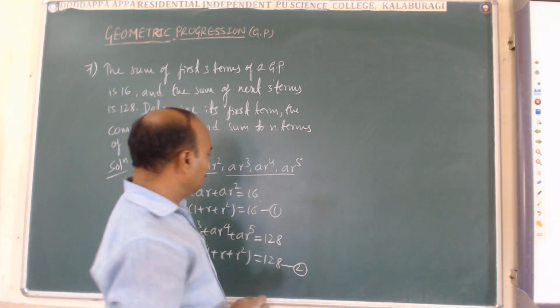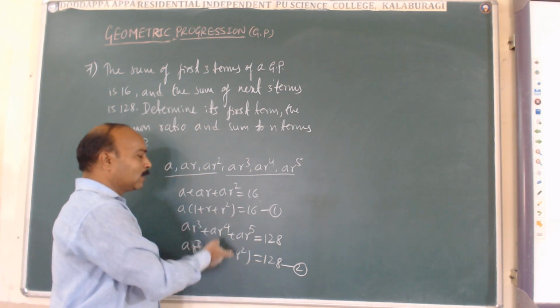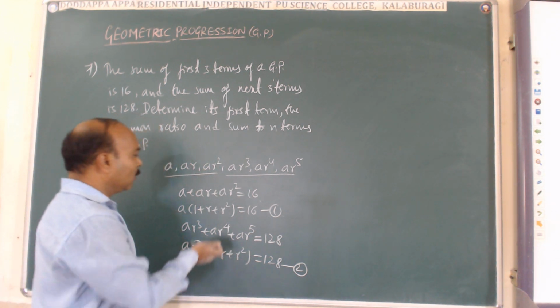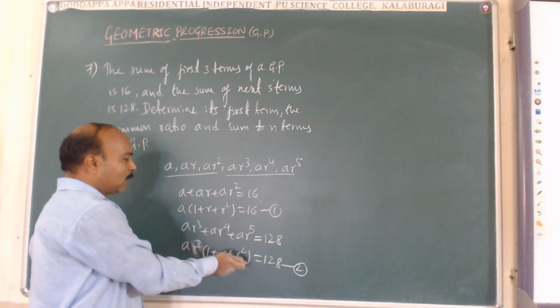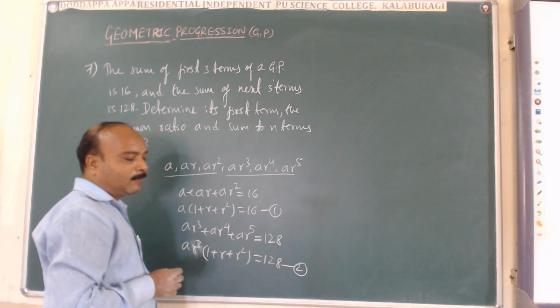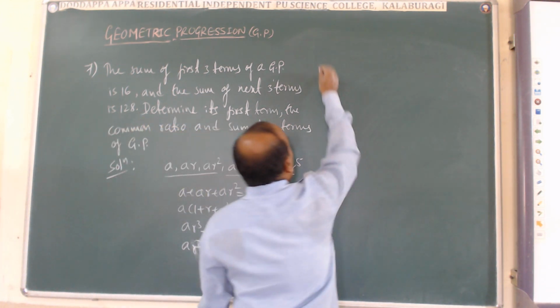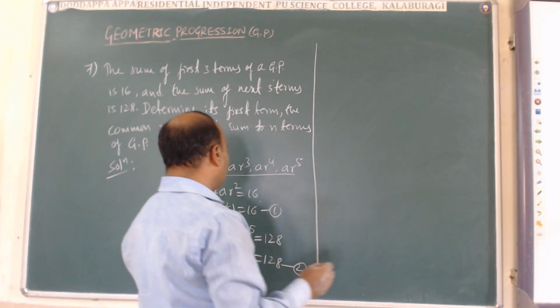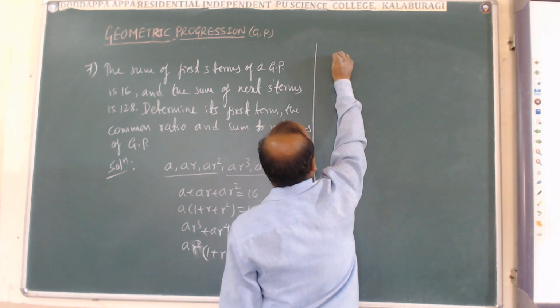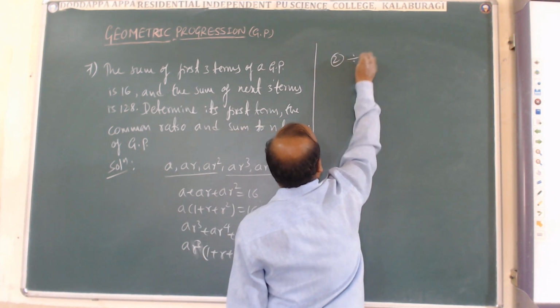For that we can divide this equation by this equation, because 1 plus r plus r square is common in both. They are removed by dividing 2 by 1.